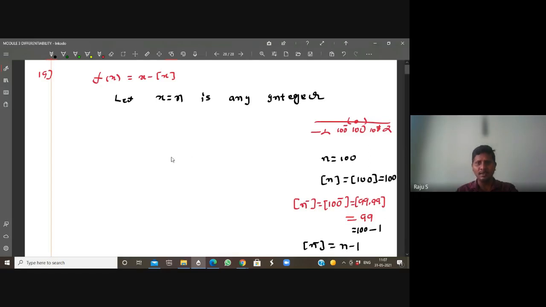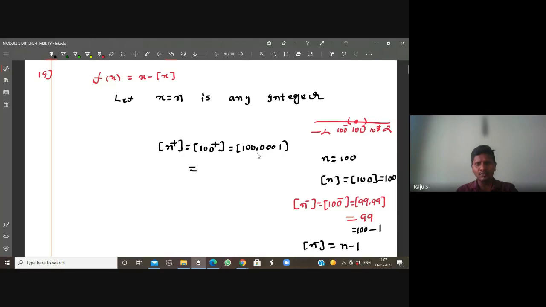In the same way, if I take n plus, that is 100 plus. For the sake of convenience, I'm taking n is equal to 100. 100 plus means more than 100, I'm taking like 100.0001 or 100.999 till 9. You should not take 101.